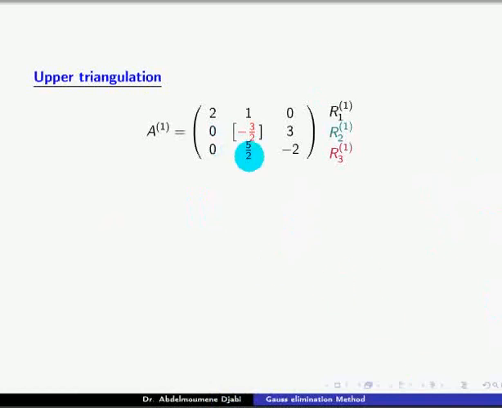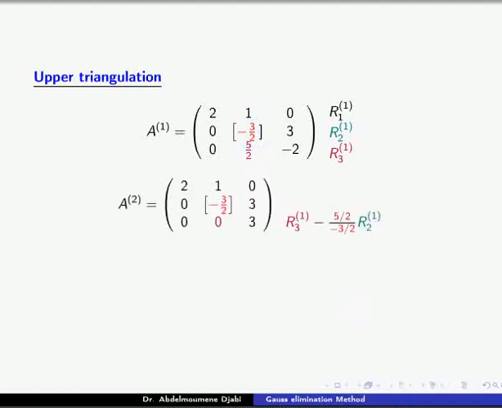After, we choose a new pivot element and we get 0 under this element. We get an upper triangular matrix, whose determinant equals the determinant of the first matrix.